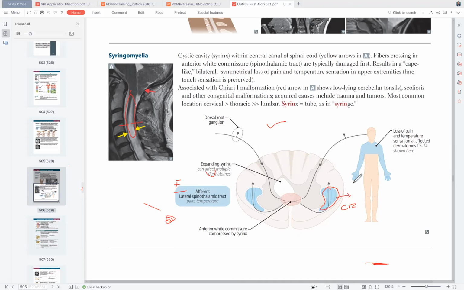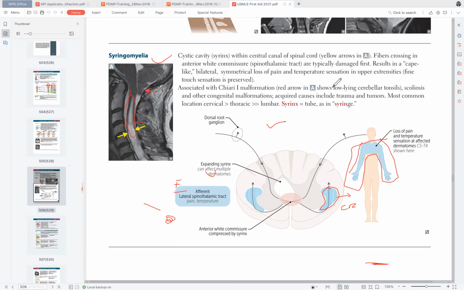So since this happened at the cervical area, the person is going to have loss of pain and temperature on this side, just like we see in this image, the blue side over here. So they'll describe the question like that for you, okay? And once you see anybody who has loss of pain and temperature in bilateral arms and across the chest, it is going to be syringomyelia.